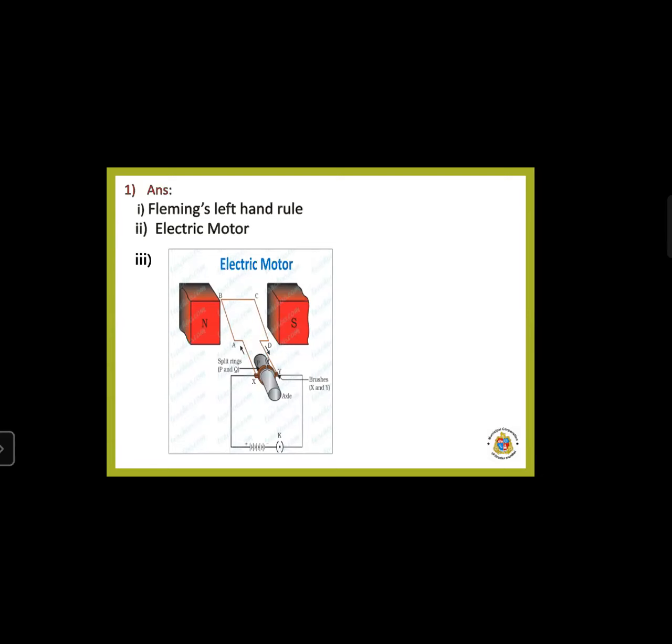It consists of split rings for connection of the electricity, so it connects the electricity from the battery to the axle. Then it consists of two carbon brushes, X and Y, and then a circuit. So this is the structure of the electric motor.